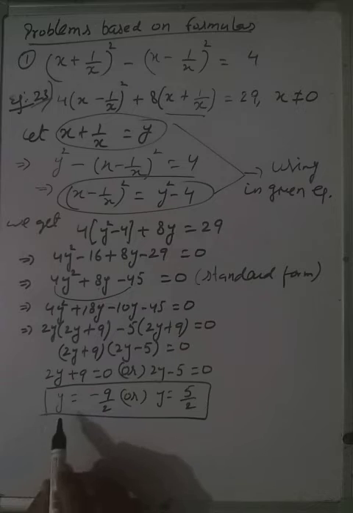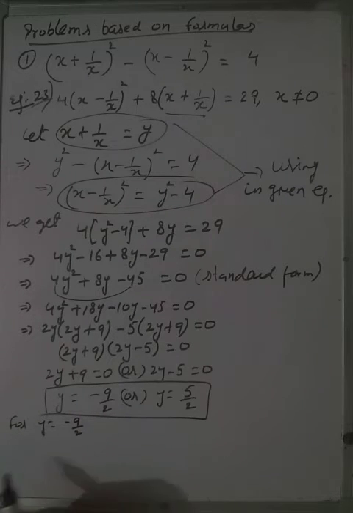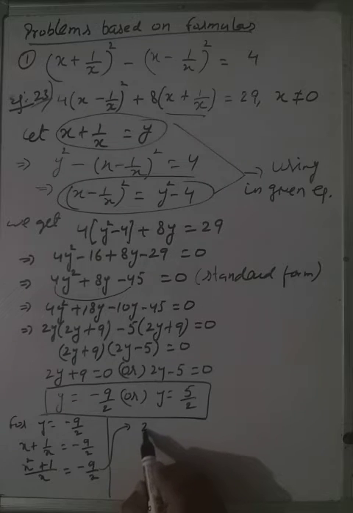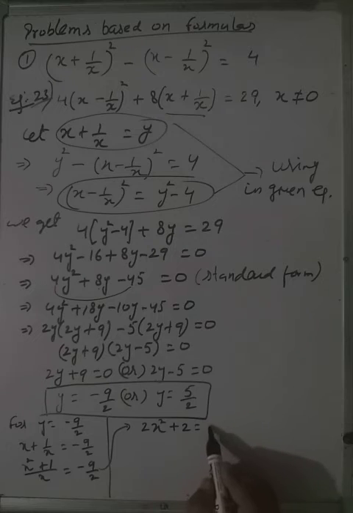Since y is equal to minus 9 over 2, it means x plus 1 over x is equal to minus 9 over 2. On solving, this becomes (x square plus 1) over x is equal to minus 9 over 2. Now I am taking this to this. On cross multiplication we get 2x square plus 2 is equal to minus 9x.